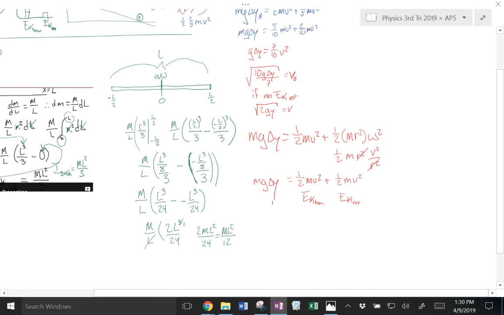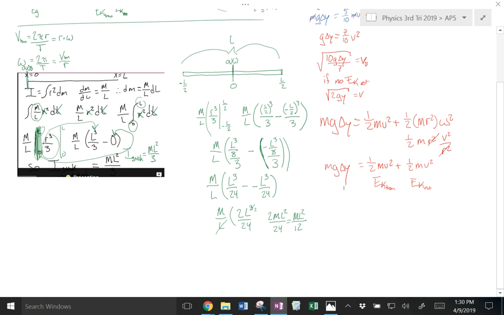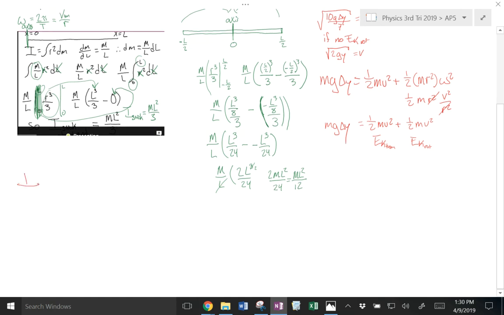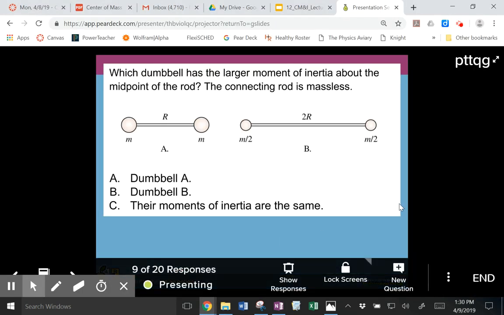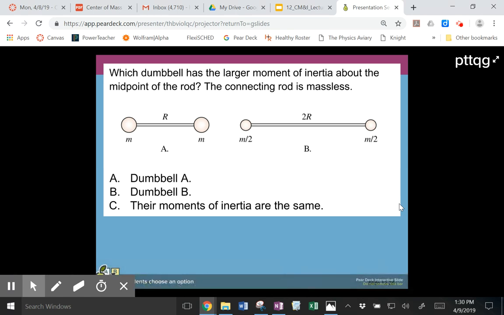And so again, algebraically, all you need to do is sum the MR squared terms. So look at what you've got in front of you. How far is it from the center?